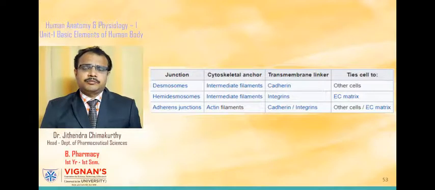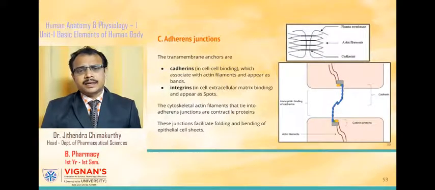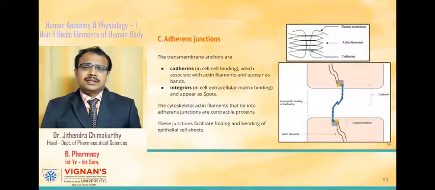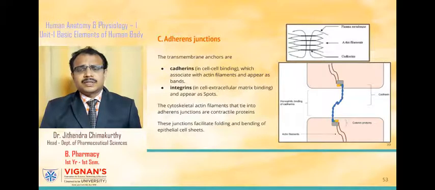The other type of anchoring junctions are adherence junctions, and these adherence junctions have both cadherins and integrins as their transmembrane links, whereas the cytoskeletal anchors are actin filaments.